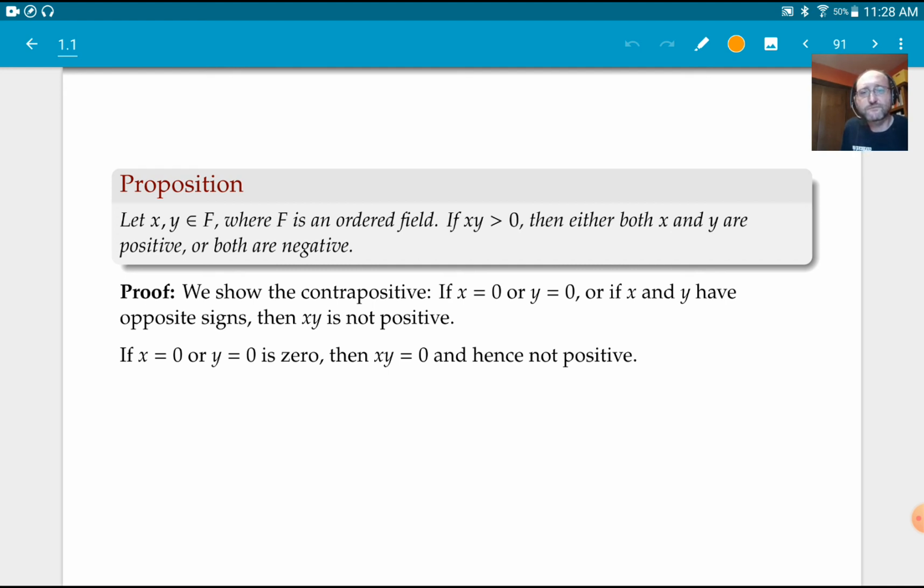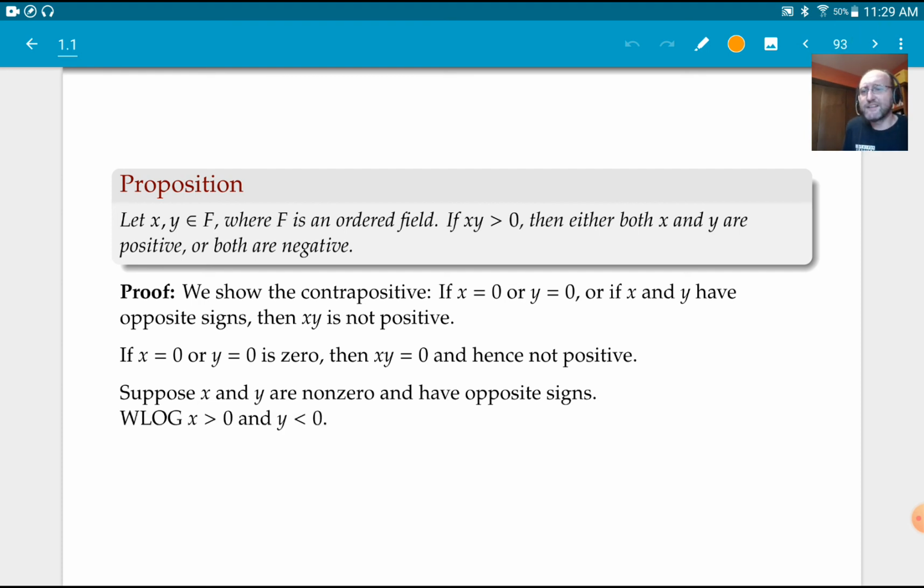All right. So if at least one of x and y is 0, then x times y is 0, and so it's not positive. Good, in that case we're done. So let's suppose that they're both non-zero and that they have opposite signs. Without loss of generality, we can assume that x is positive and y is negative, because otherwise we could just swap the roles of x and y, and whatever we prove is going to be the same.